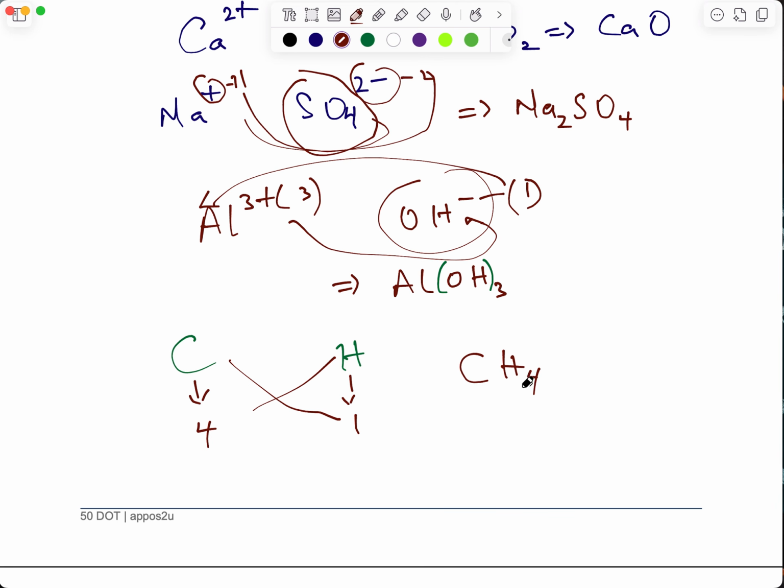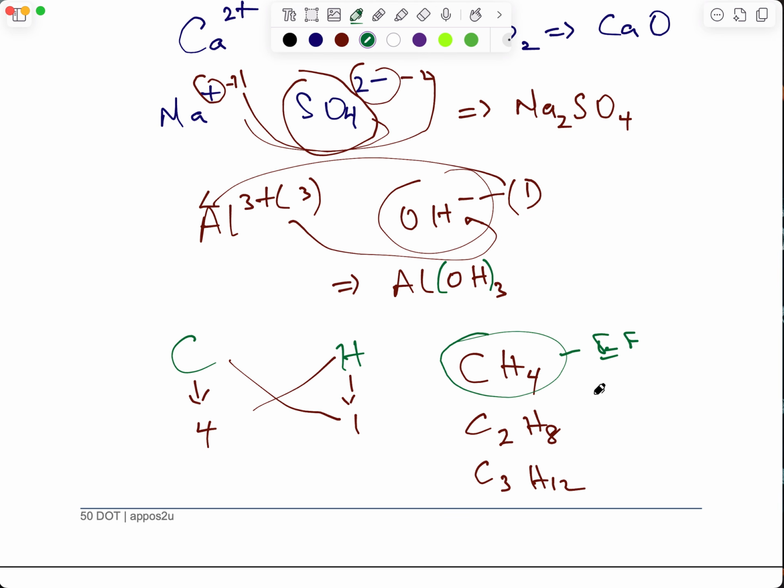Imagine you double the carbon and you double the hydrogen, so you are looking at C2H8 like that. You can also triple it, just say C3H12, and it can go on and on like that. But when you look at all of these together, the simplest one of them is the CH4. So this CH4 is known as the empirical formula.